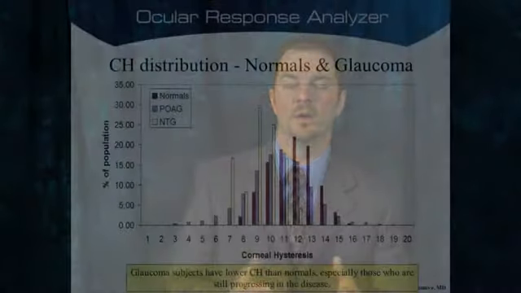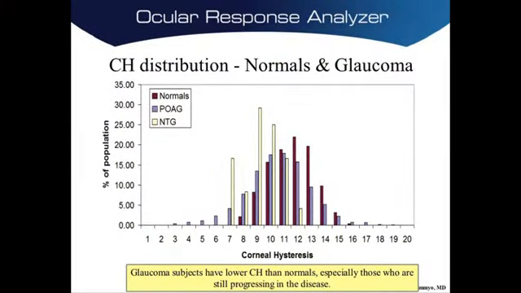If you look at a couple populations again here, what you'll see is that the normal population, as we described before, has a hysteresis measurement that ranges from about 8 to 14 with an average somewhere around 10.5, 11. When you look at the primary open-angle glaucoma patients in this population, you'll see that there's a very, very wide range of hysteresis measurements, but on average it's a little bit lower than the normals.